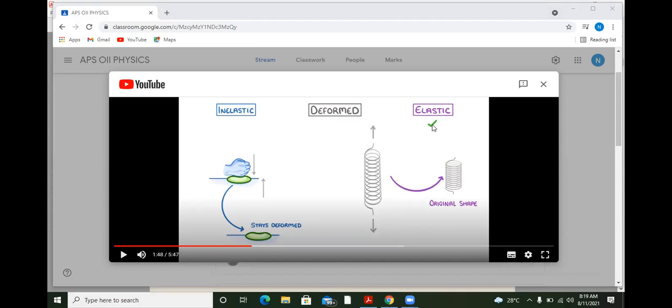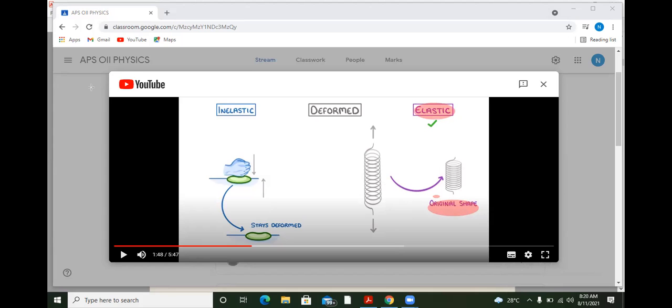Okay, right? If I apply the forces, it gets deformed. But as I remove the force, the body gets its original state or its original shape, right? So this is elastic deformation.